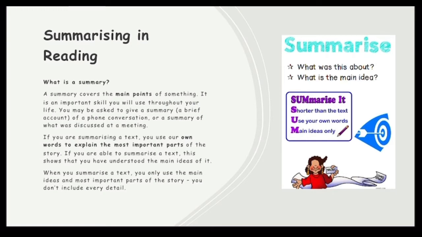So this little picture at the side says summarise it, and it says shorter than the text, use your own words, main ideas only. And that should help you remember how to summarise something. So shorter than the text, use your own words, and main ideas only.